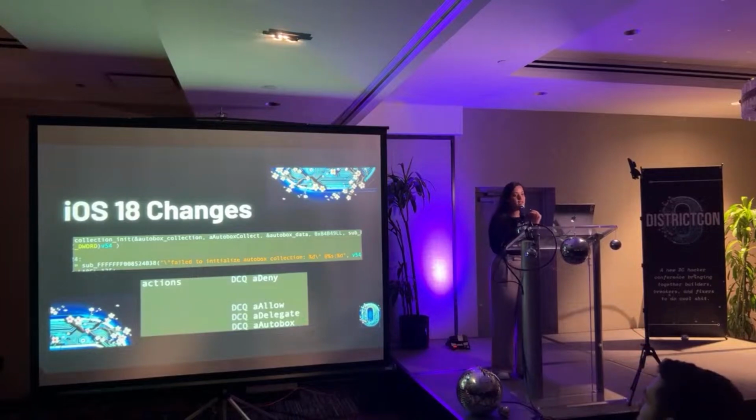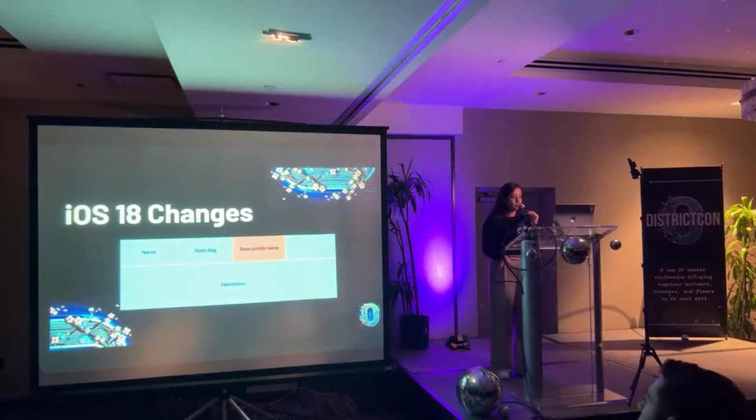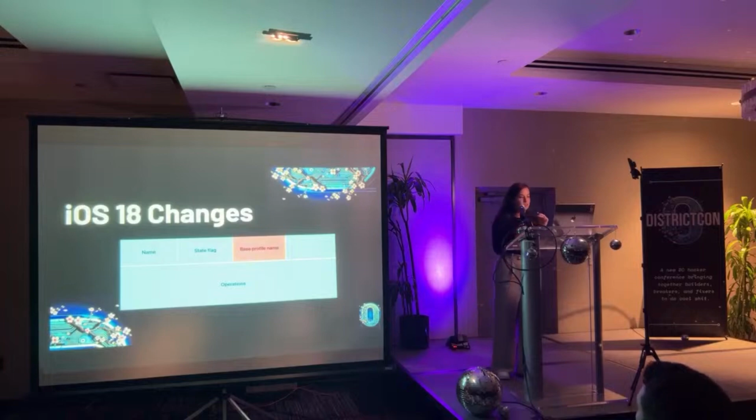So now, instead of allow and deny, we have allow, deny, delegate, and Autobox. Also, in collection profiles, each profile now has a base profile. Most of them have the same base profile, which is baseline, but some of them do not. This shows how Apple is constantly improving, which makes us improve ourselves and hopefully collaborate with each other.